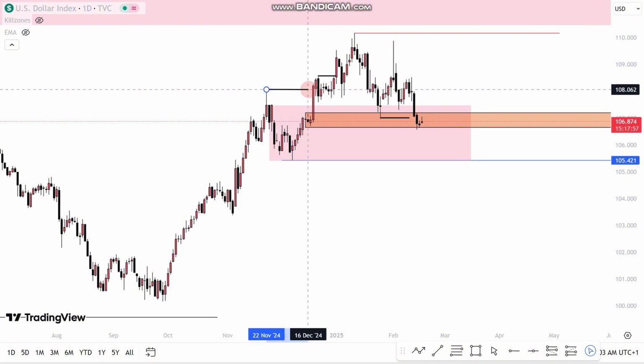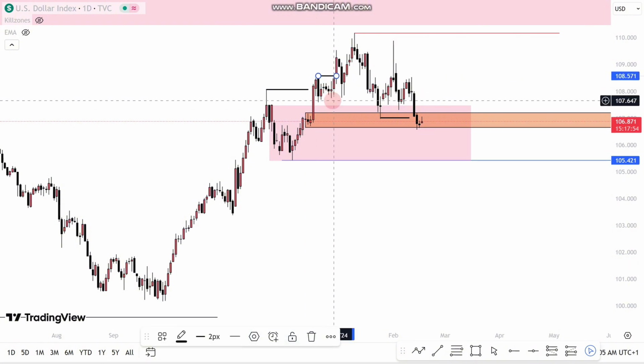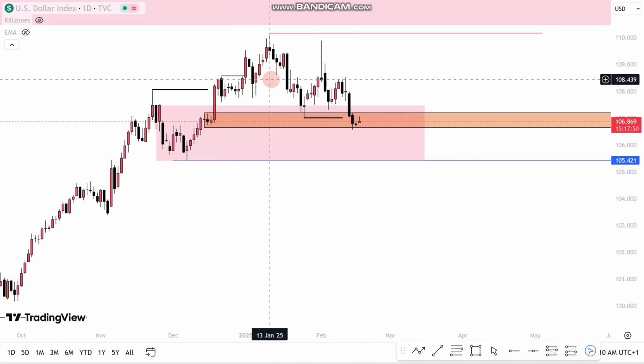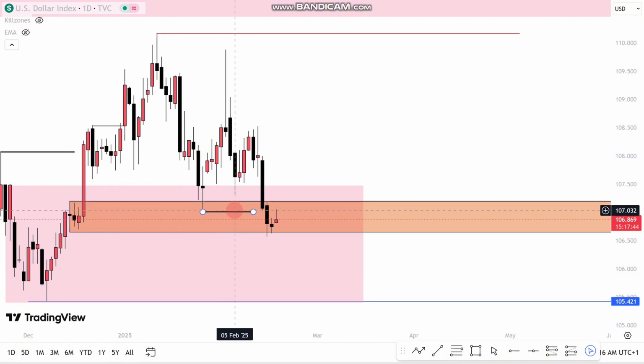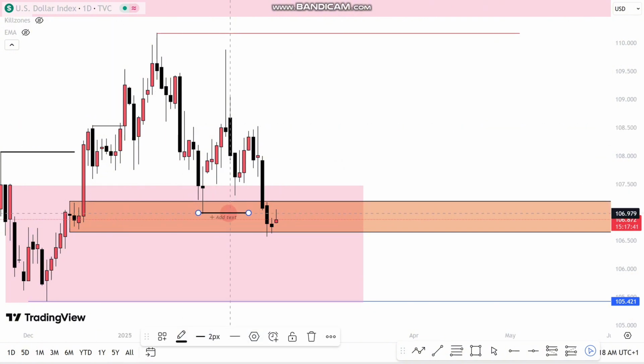So this is the DXY break of structure on the weekly time frame. So these small ones you are seeing here is just very simple. Just make your chart look clean. It doesn't have to look messy, because if it looks messy it will confuse you a lot.